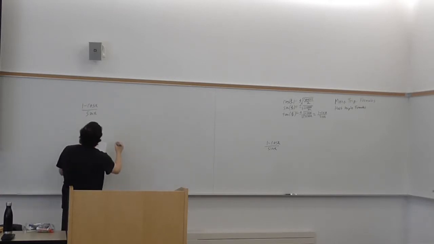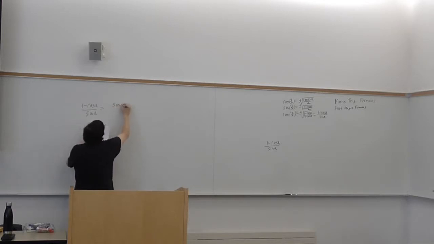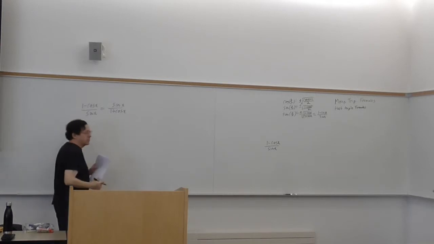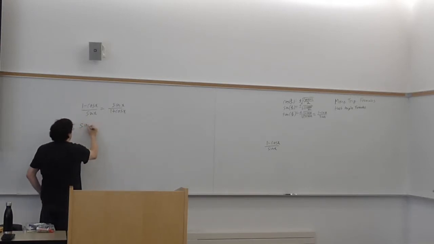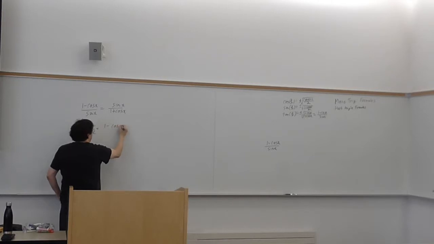Just state that I believe this is sine of x over 1 plus cosine of x, and I'll try and verify it. So sine of x over 1 plus cosine of x times 1 minus cosine of x over 1 minus cosine of x is 1.